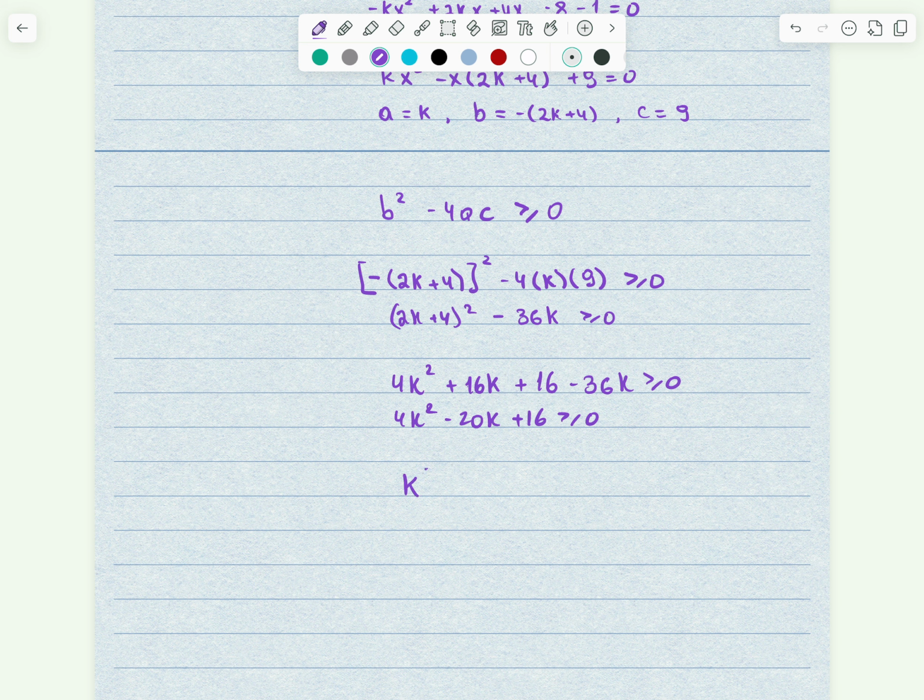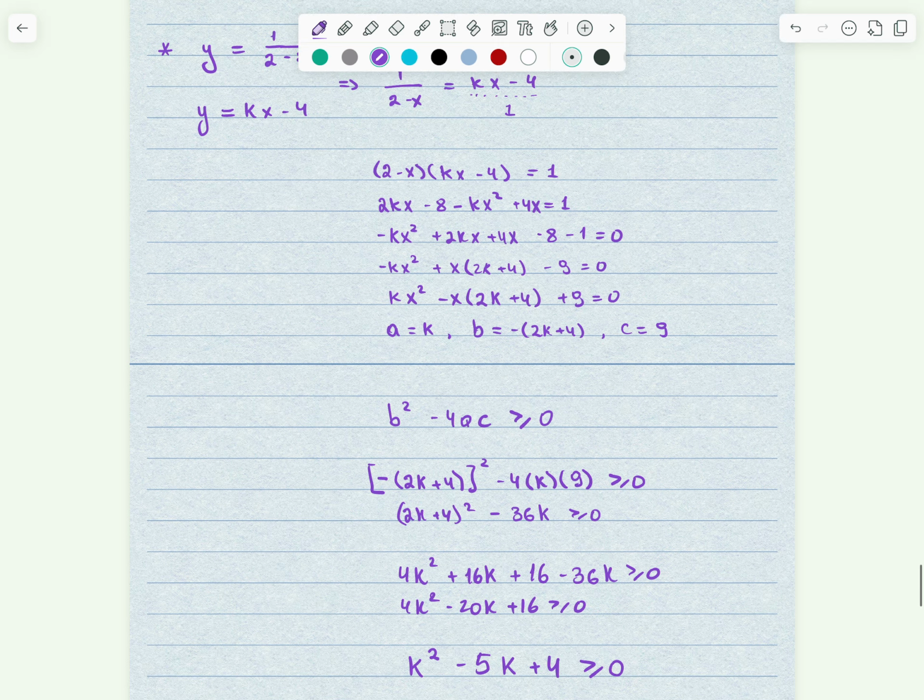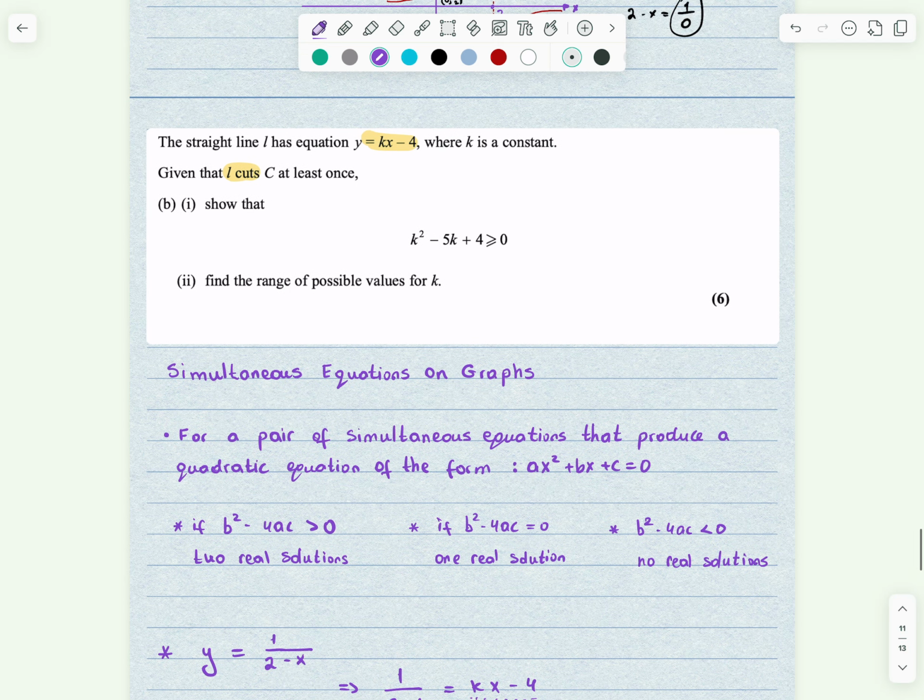So if I divide everything by 4, I'm going to have k squared minus 5k plus 4 greater than or equal to 0. That completely matches what they have if you look back.